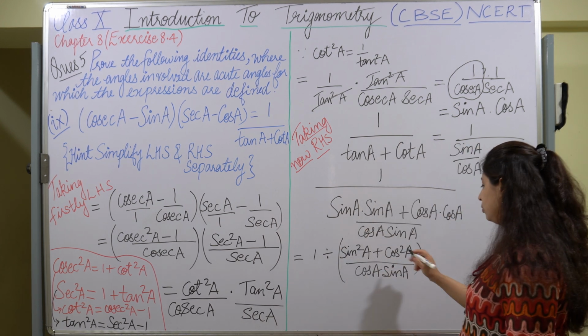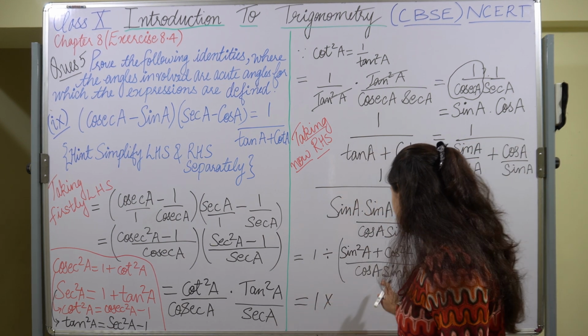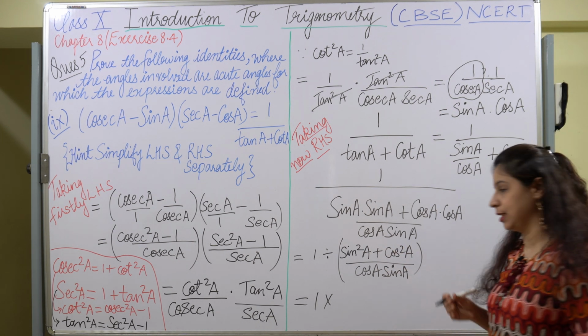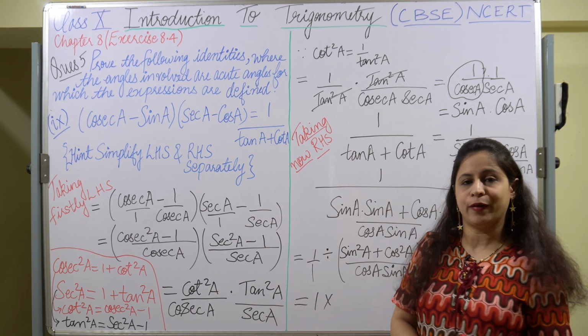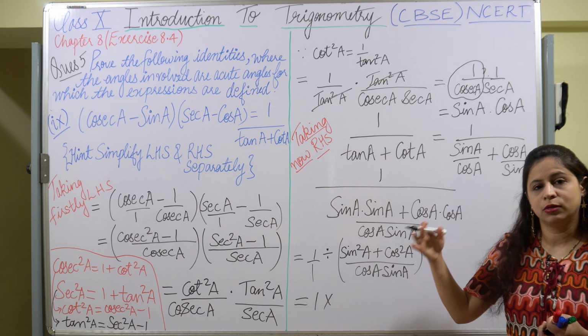When it is converted to multiplication, this term will get reciprocated. It is in the form of a by b divided by c by d, so a by b into d by c.